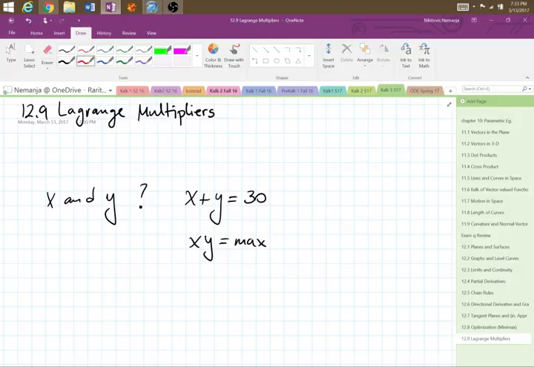What's important is for you to know that you have a constraint and an objective function. The objective function is what you're trying to find. You are trying to maximize the product of these two numbers.